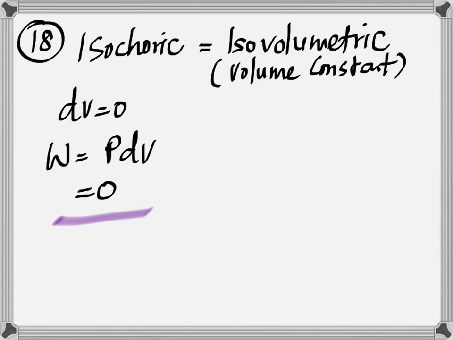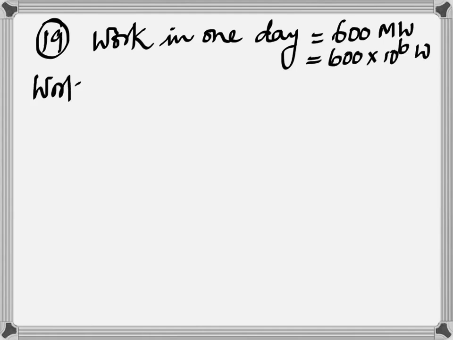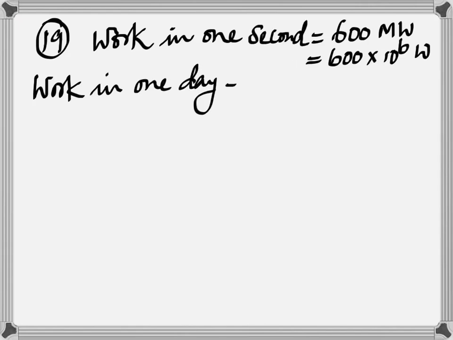Why did I stop there? 19. Work in 1 day, 600 megawatts. That is 600 times 10 to the 6, isn't it? Mega is 10 to the 6. So work, I made that mistake. It's work in 1 second.